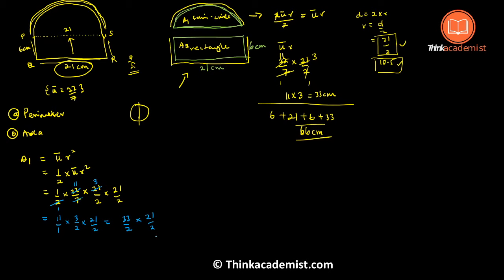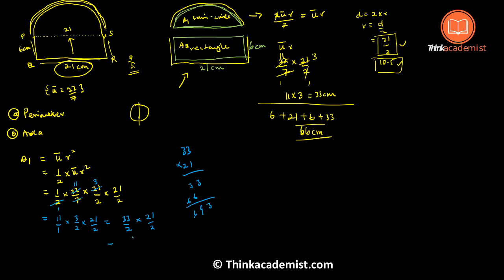So let's quickly do that. Now 33 multiplied by 21, let's do that calculation. This will give us 3, 3, 6, 6, so this will give us 3, 9, 6. Please check that calculation for us. 3, 9, 6.